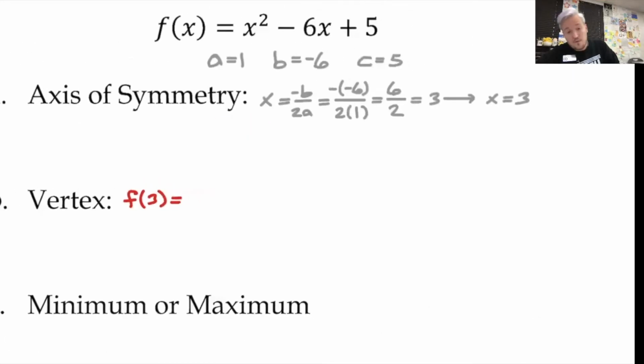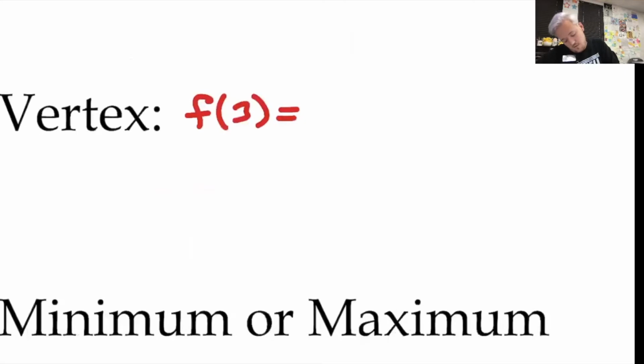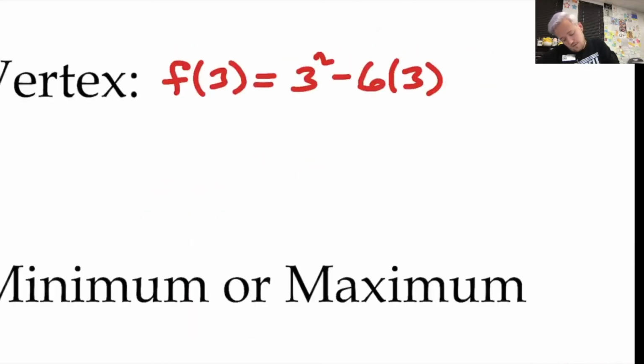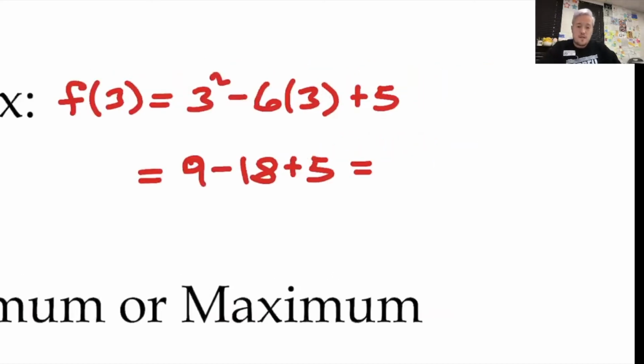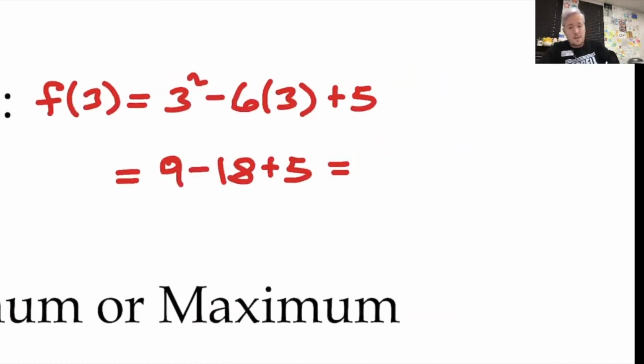I'm going to have 3 squared minus 6 times 3, and then plus 5 at the very end. So 3 squared gives you 9, minus 6 times 3, which gives you 18, then plus 5. Then we have 9 minus 18, which is -9. -9 plus 5 is going to give you a -4.